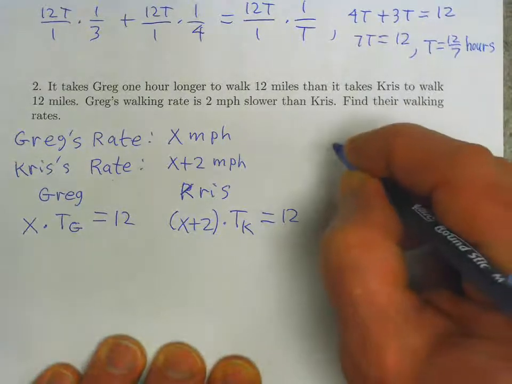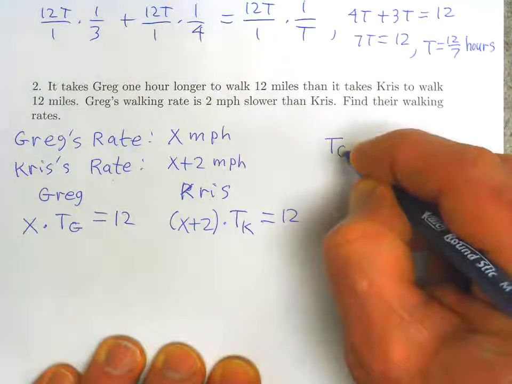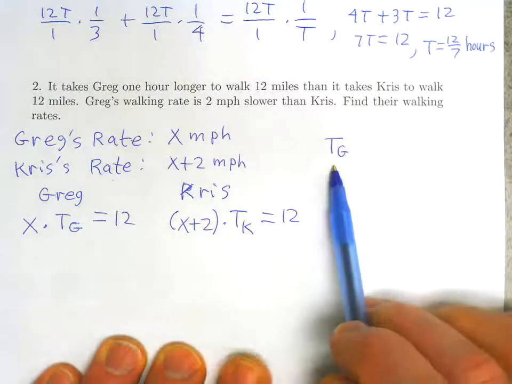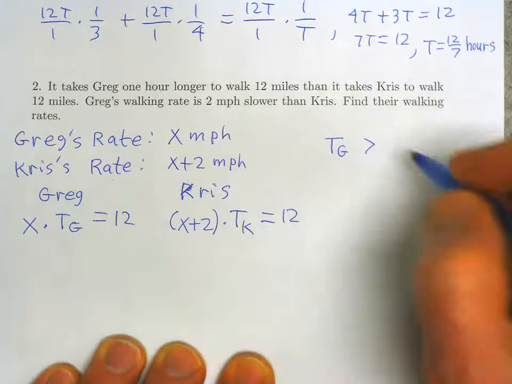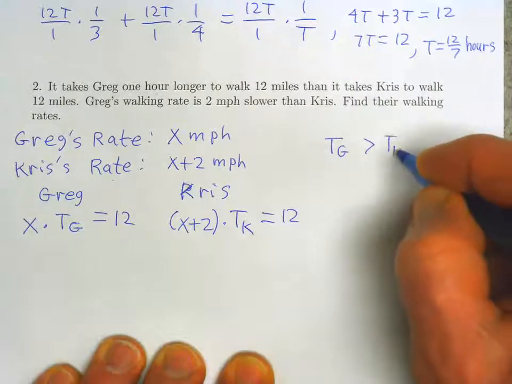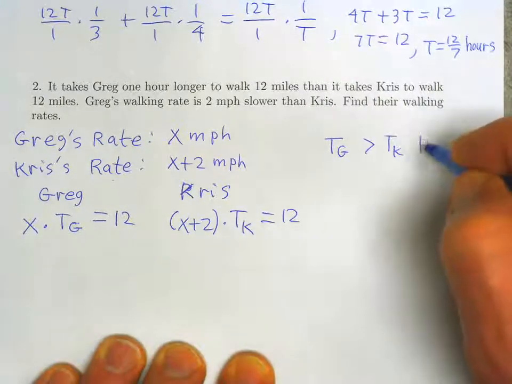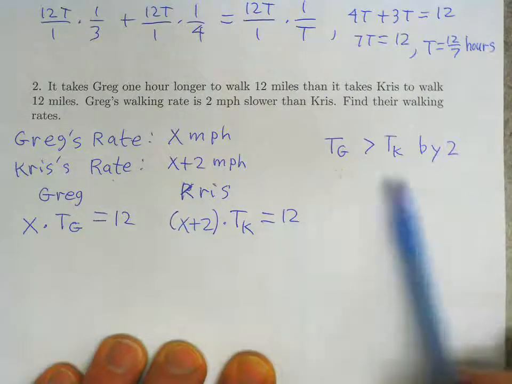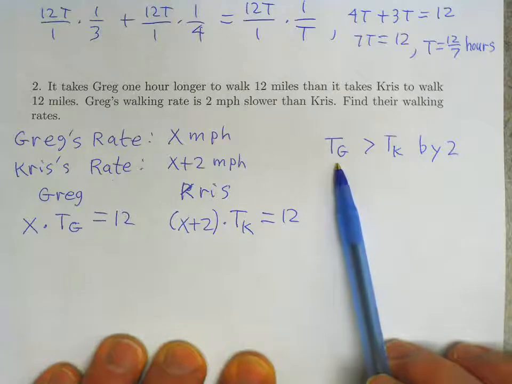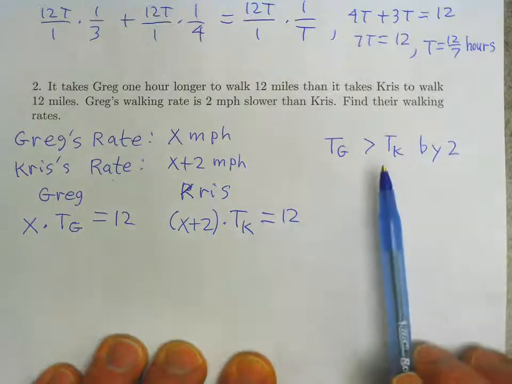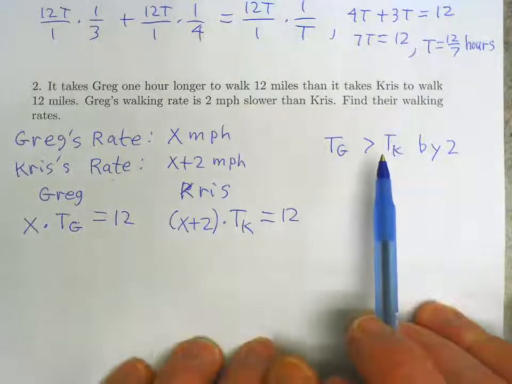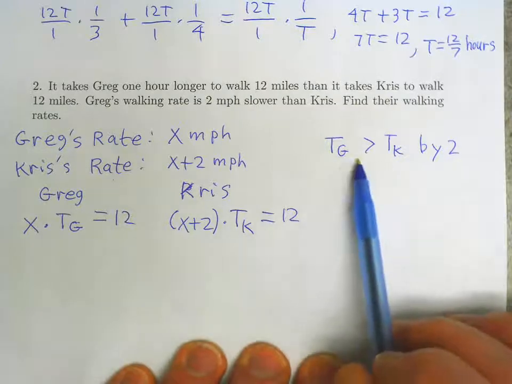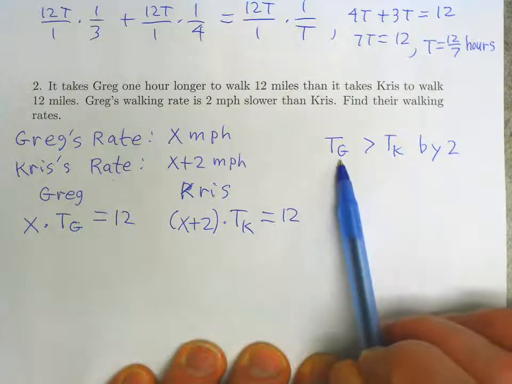So the amount of time it takes Greg to walk 12 miles is greater than the amount of time it takes Chris to walk 12 miles. It's greater by 2. Okay, so we can convert this into an equation in one of 3 ways, but the way that I prefer is just to subtract the smaller number from the larger number.